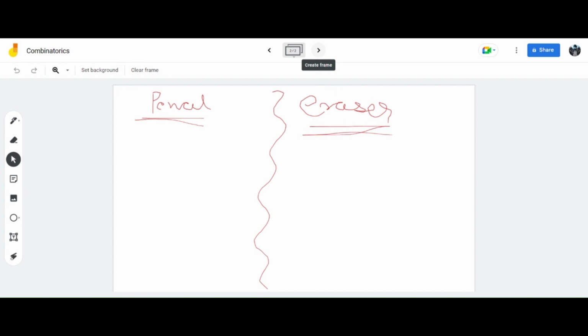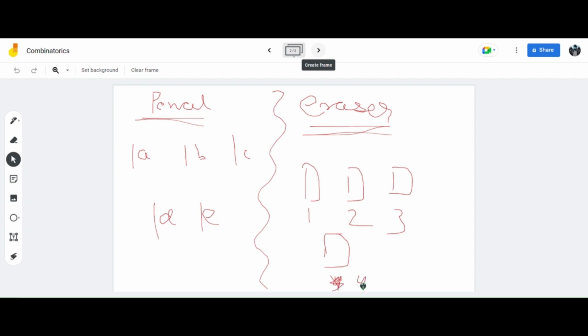And there are five pencils. Let's say them A, B, C, D, and E, and there are four erasers. Let's call them 1, 2, 3, and 4, right? So, in how many ways can you pick a pencil and then an eraser?